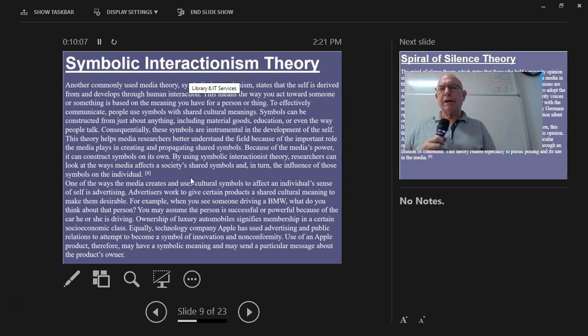The symbolic interaction theory is a little more complicated. I didn't put in here the framing theory, but symbolic and framing are somewhat similar in that in framing you look at things.